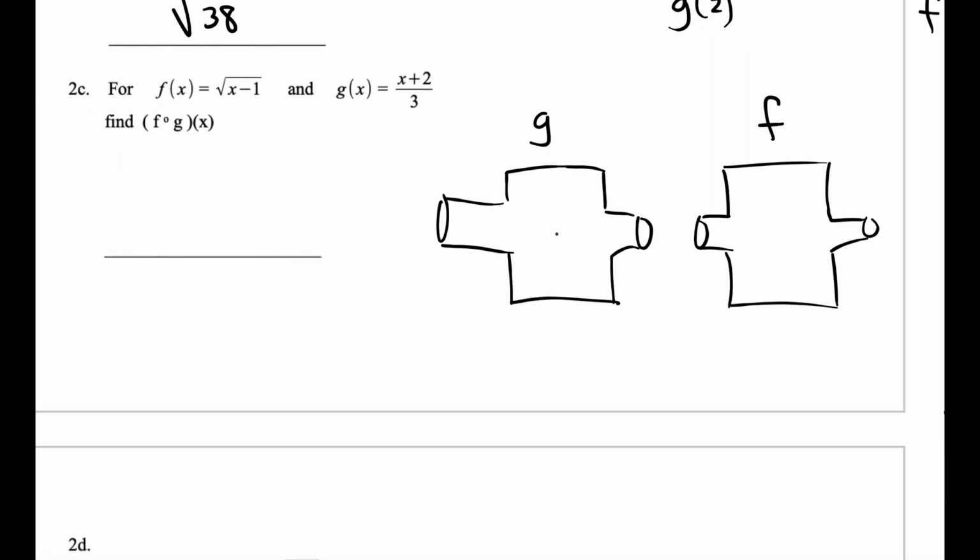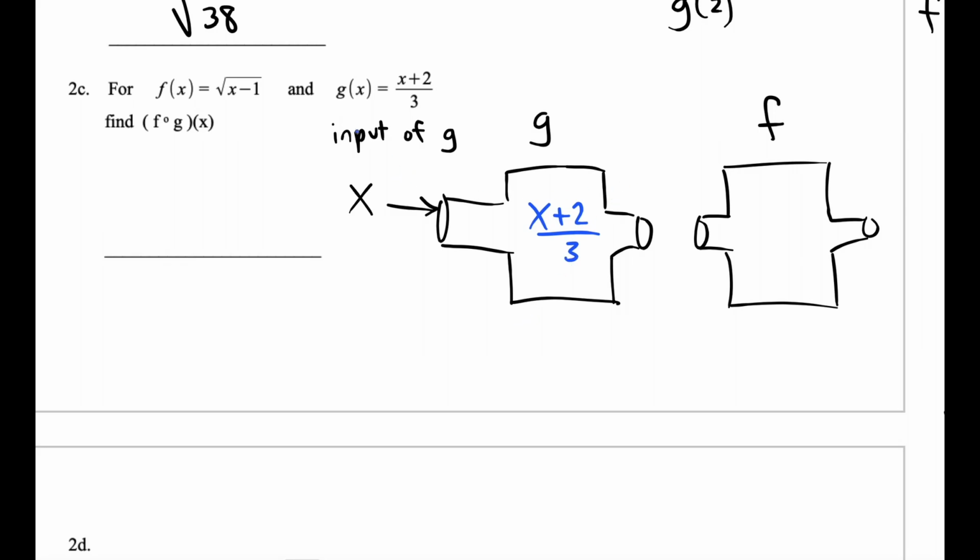Now what g does to x, like if you put x in on the left, what comes out is apparently this. His rule is x plus 2 over 3.